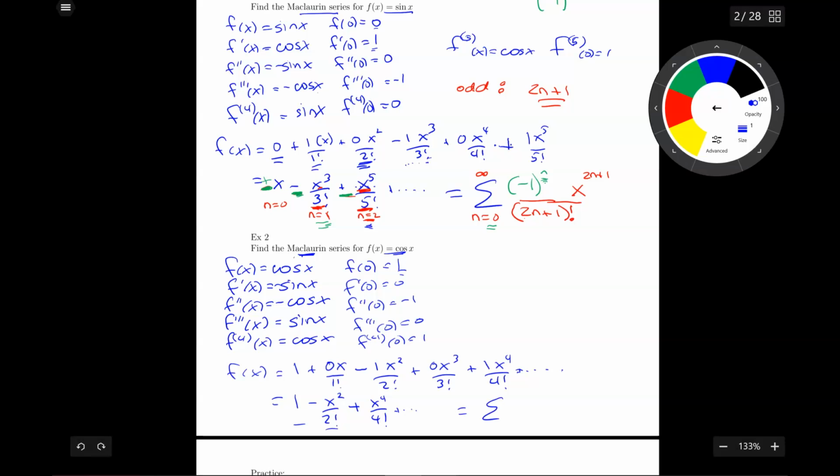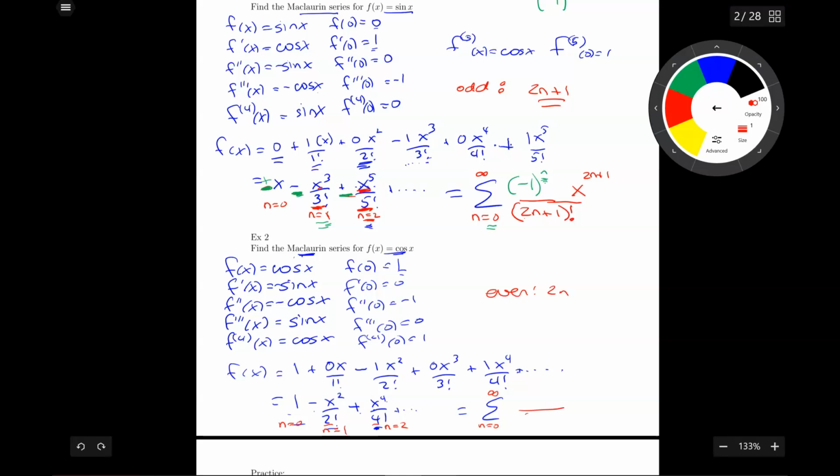Okay, so we have 3 things going on again. Looks like I have factorial in the denominator, x to a power, and changing sign. So again, I want to start this at 0. And I want, when I plug in 0 to get this, when I plug in 1 to get this, and when I plug in 2 to get this. Looks like I've got even numbers, and to get even numbers you want to use 2n.